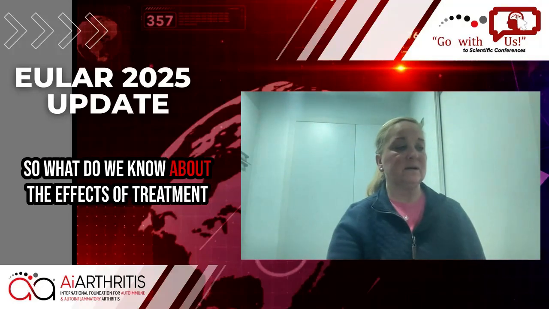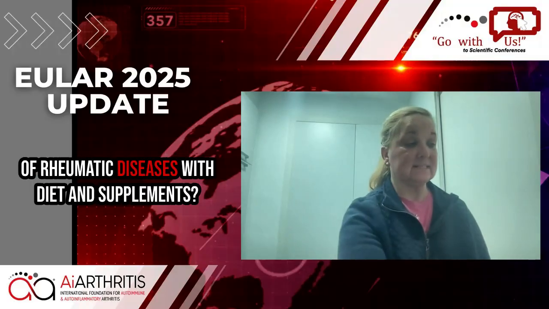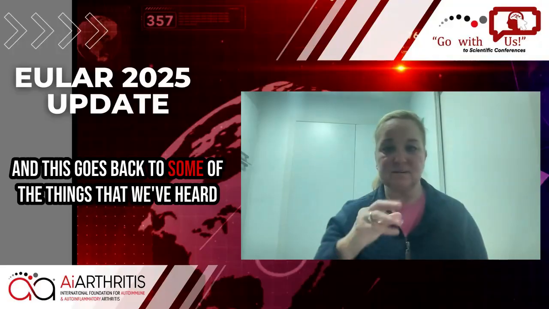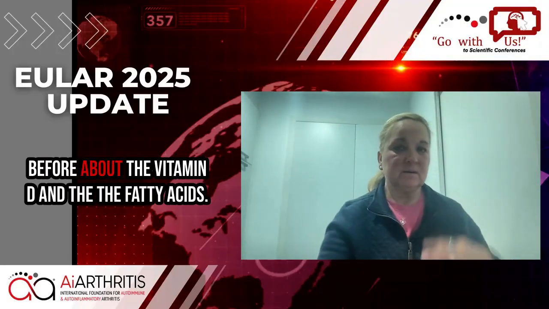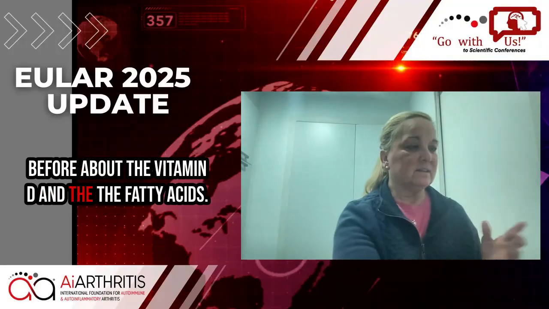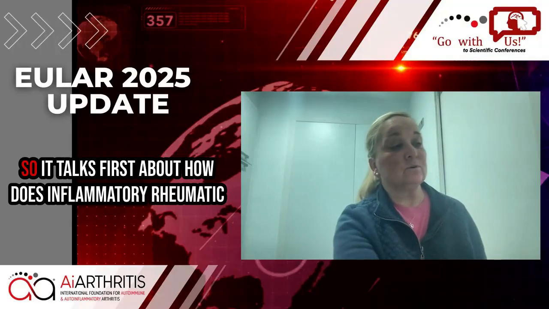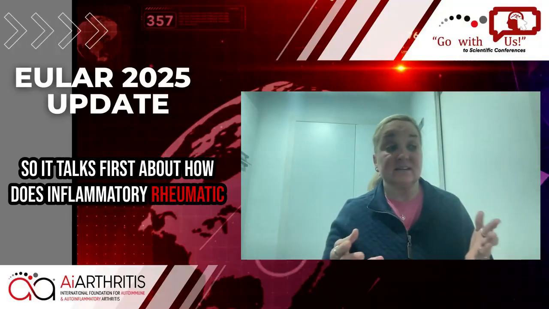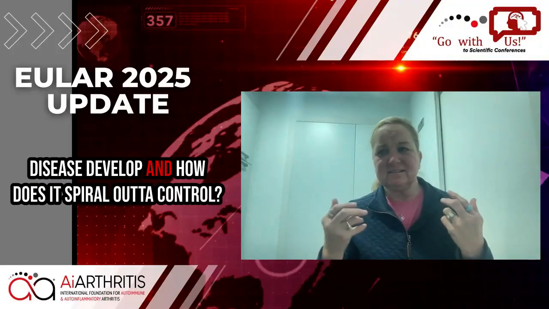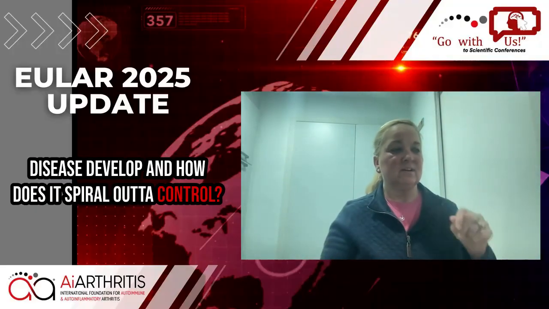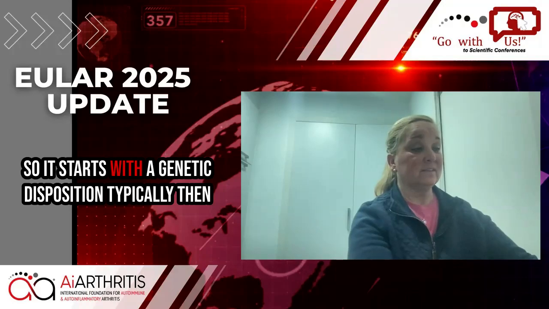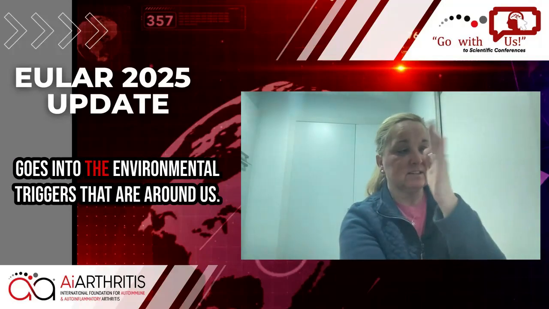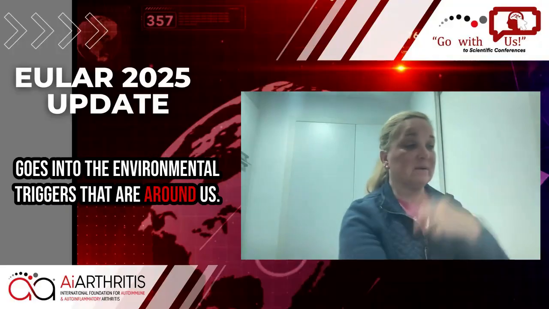So what do we know about the effects of treatment of rheumatic diseases with diet and supplements? And this goes back to some of the things that we've heard before about the vitamin D and the fatty acids. So it talks first about how does inflammatory rheumatic disease develop and how does it spiral out of control? So it starts with a genetic disposition typically, then goes into the environmental triggers that are around us.